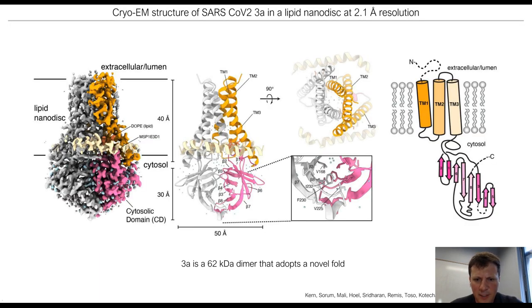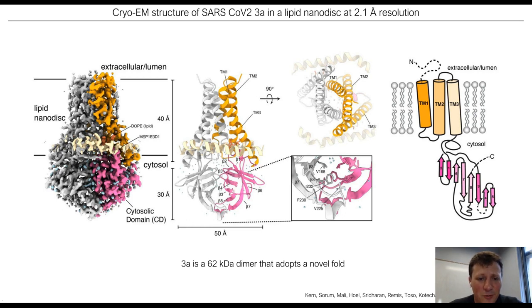So we were able to do 4 additional things in this higher resolution map compared to our first reconstruction. First, we were able to model a portion of the membrane scaffold protein, this MSP1E3D1 protein in this kind of tan color on the map on the left here.